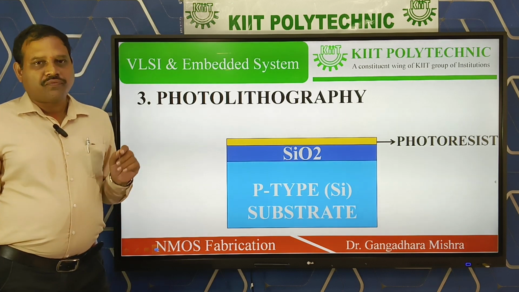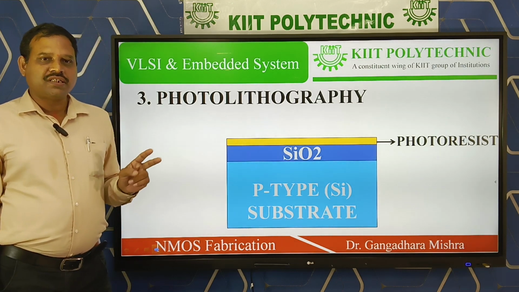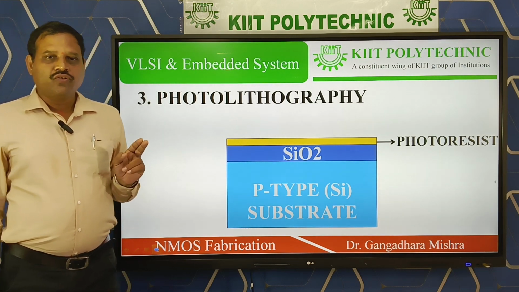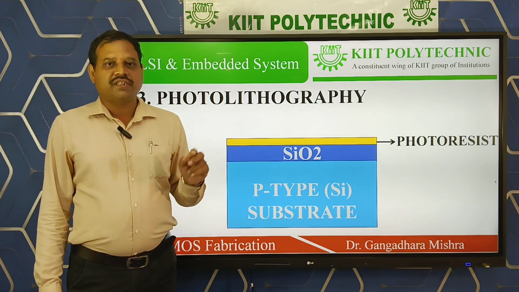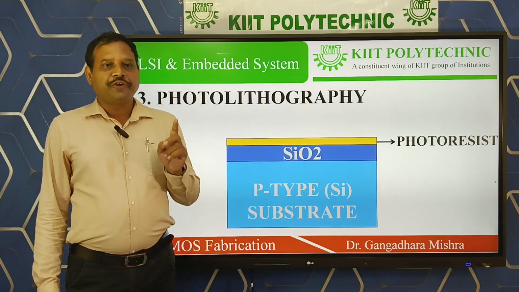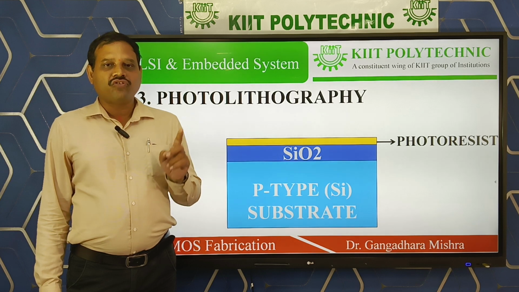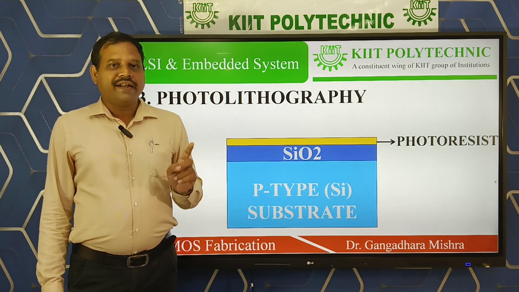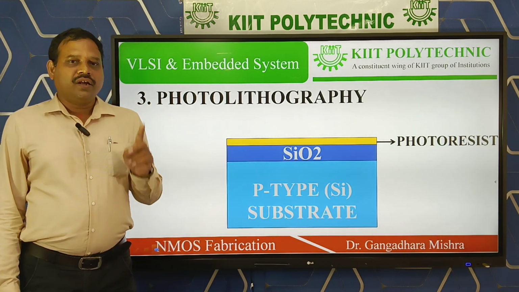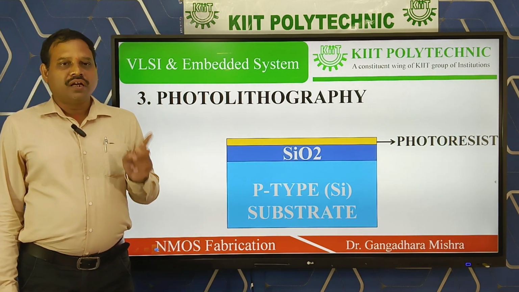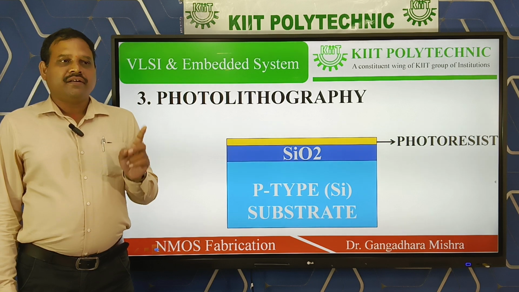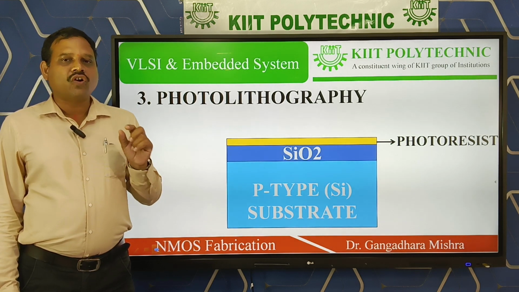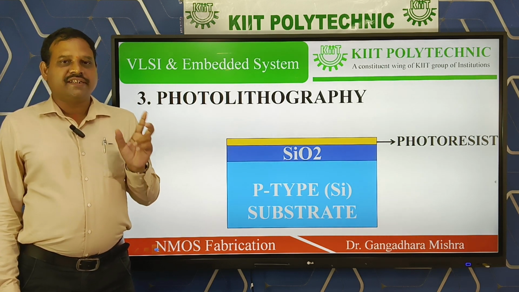Photoresists are of two types: positive photoresist and negative photoresist. A positive photoresist can be dissolved with sulfuric or hydrofluoric acids. The property of a negative photoresist is that when it is exposed to UV light, it is hardened and is not soluble in these acids.